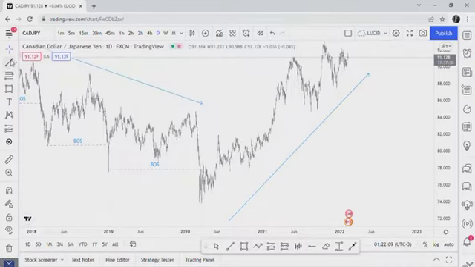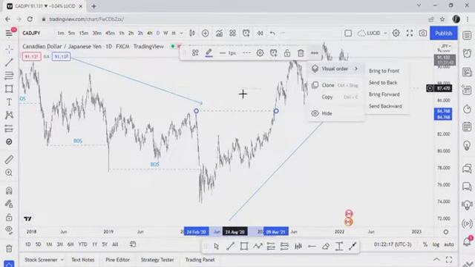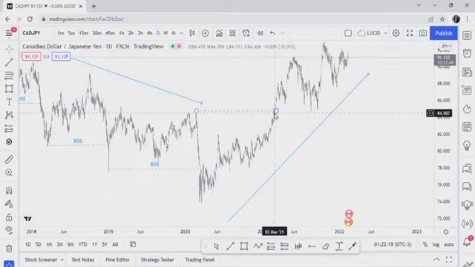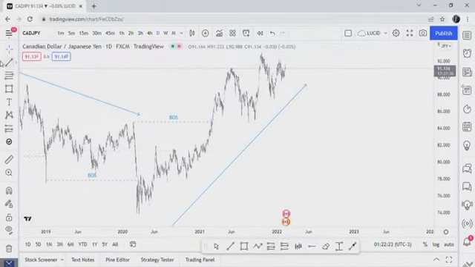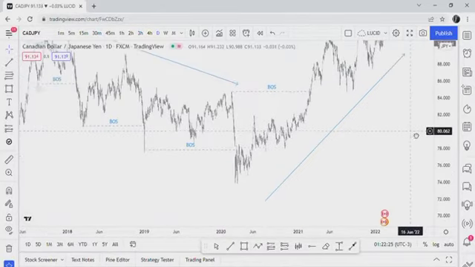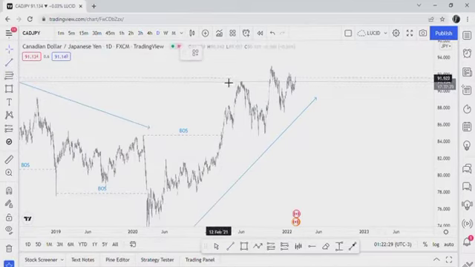Then from downtrend, price shifted to uptrend, right?